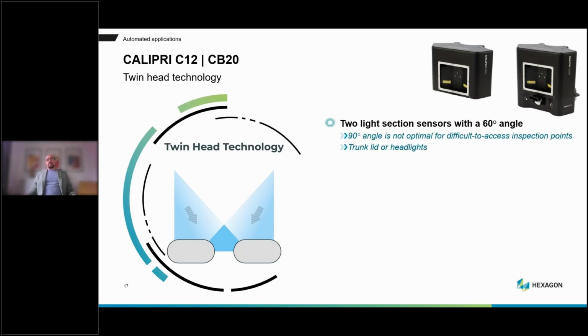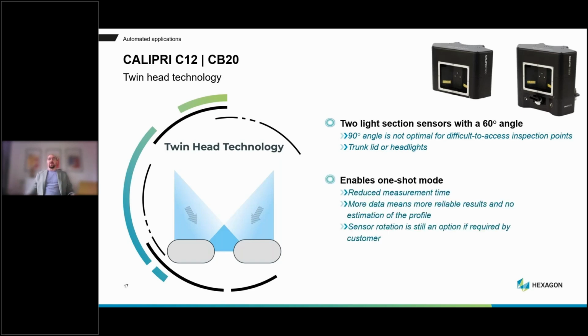The 2 light section sensors are within a 60-degree angle. So you might want to ask why it's not a 90-degree angle, because that's fairly common on the market for twin head sensors. We decided to put them in a 60-degree angle because we can still rotate them around difficult gaps.